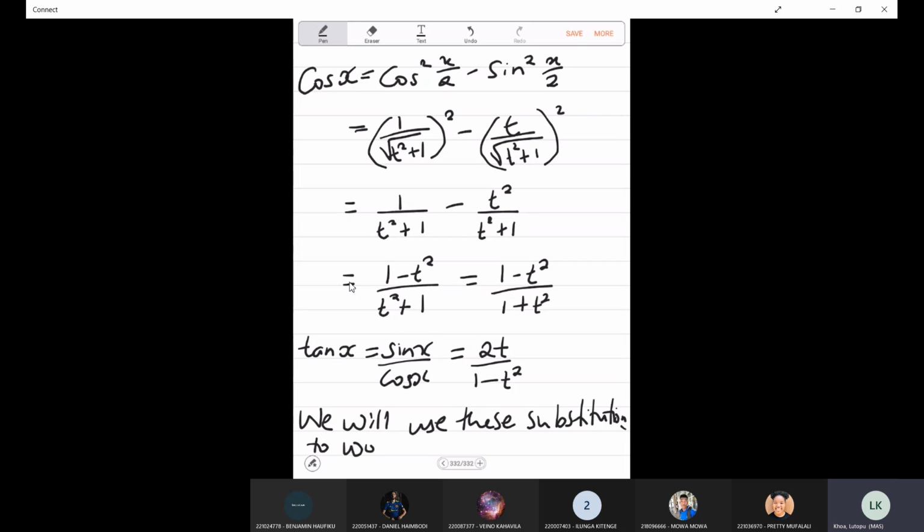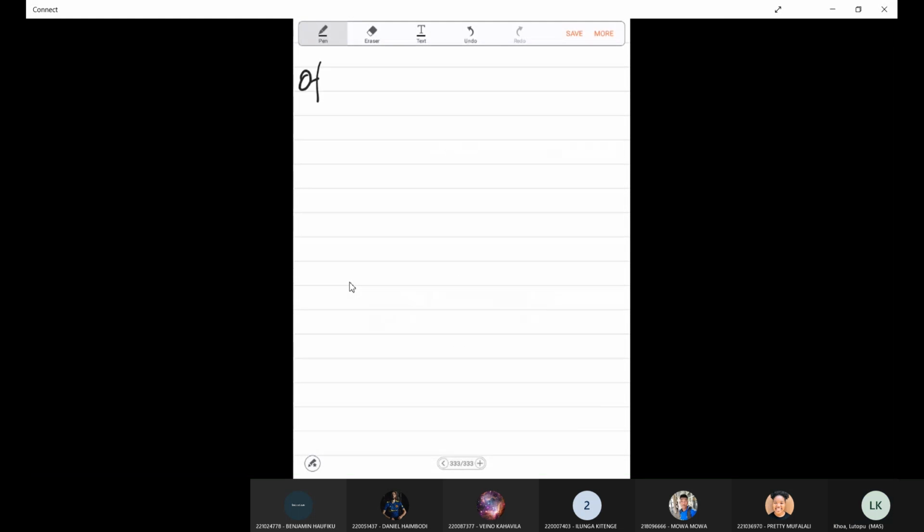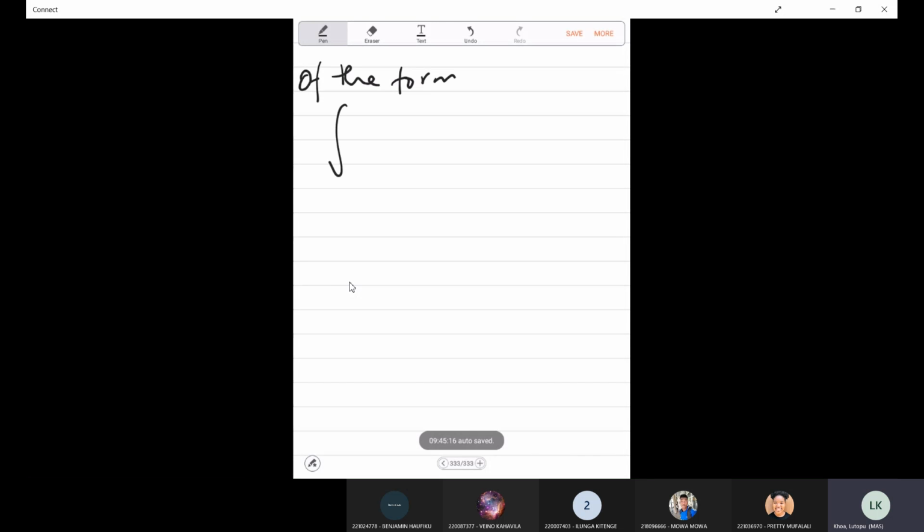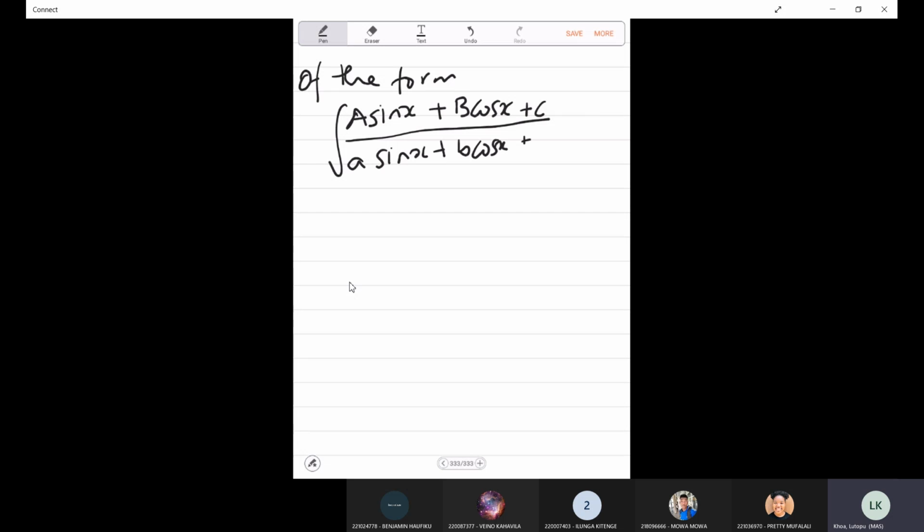to work out integrals of the form 1 over a sine x plus b cos x plus c dx.